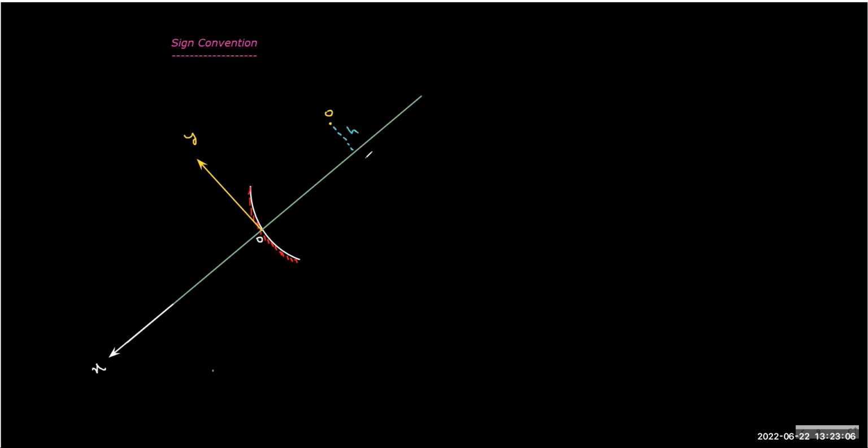And what will be the coordinate of the bottom? Let's say the distance between the bottom and O is d. So what will be the coordinate of the bottom? Minus d comma 0. The x-axis is that way, so this is minus d, correct?